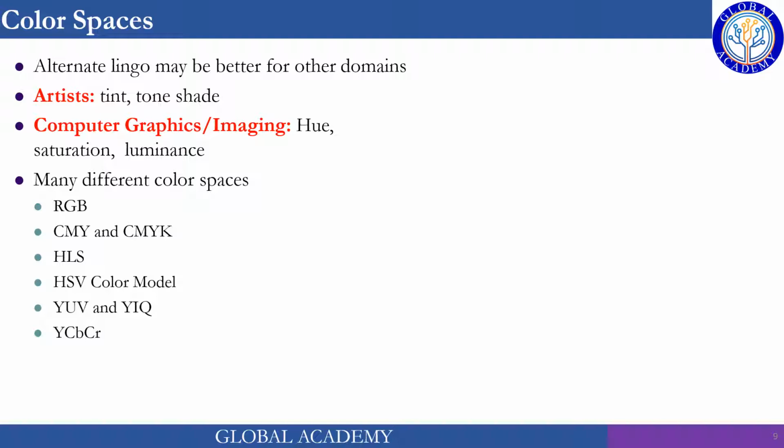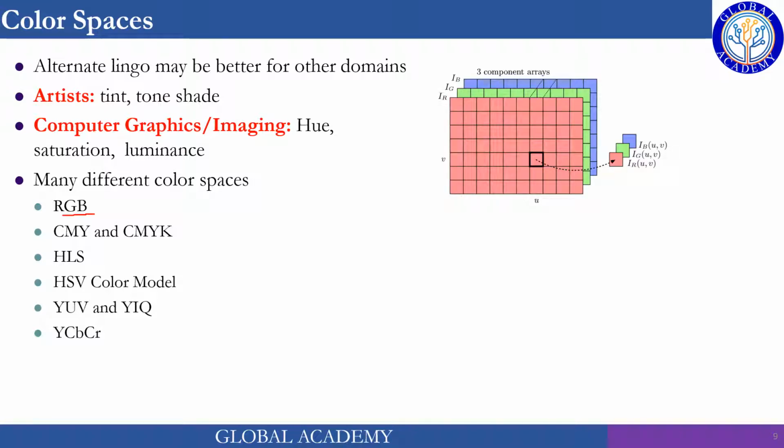The most basic color space is RGB, red, green, blue, and then cyan, magenta, yellow, or cyan, magenta, yellow and black, and then HSL, HLS, HSV, YUV, YIQ, or YCbCr.